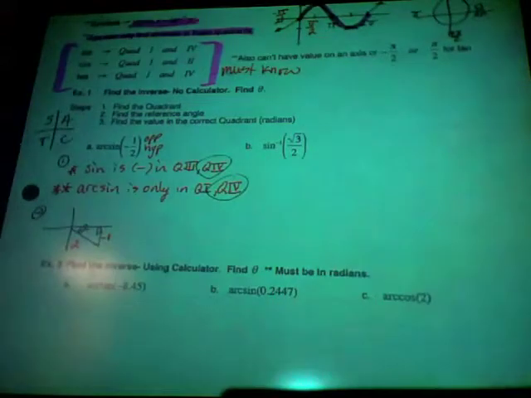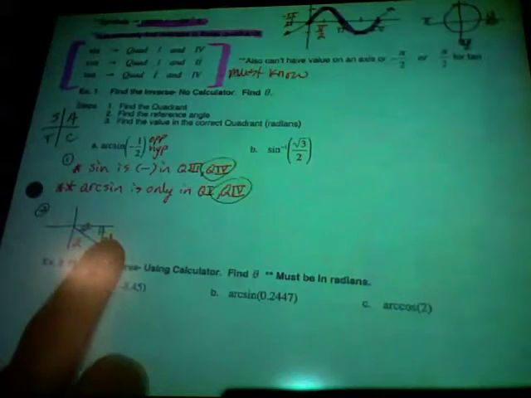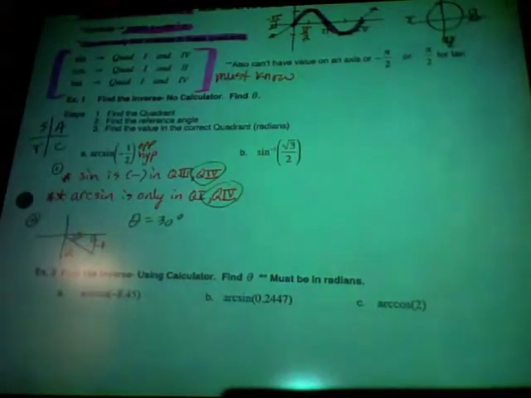So that's a -1. I could find the adjacent side, but there's no need. When theta's across from 1, what degree is that? So if theta is 30 degrees, what is that in radians? Pi over 6. Well, is pi over 6 in the fourth quadrant?